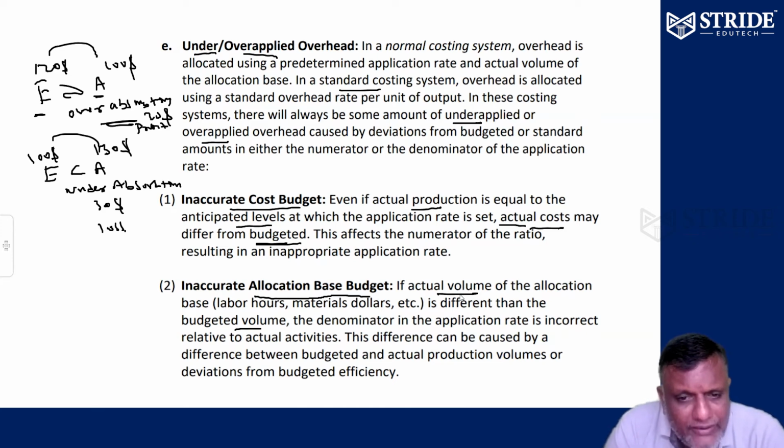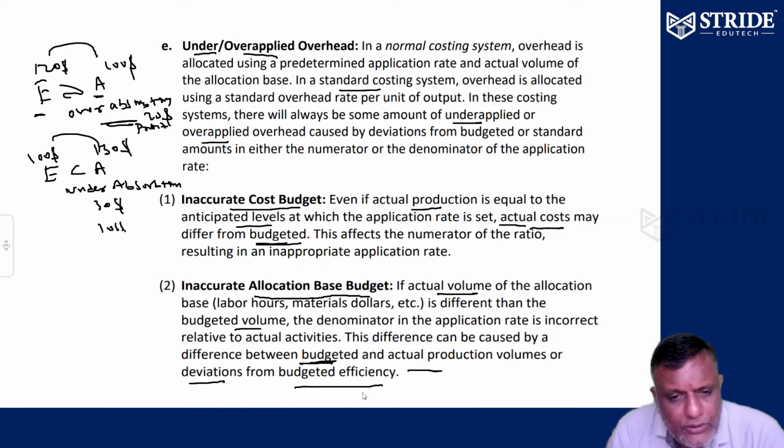Your actual volume is 10,000 units, or 10,000 hours, or $10,000, and your budgeted volume is more or less. The difference between budgeted and actual production volumes shows a deviation from budget efficiency. The difference between budgeted and actuals is called deviation.